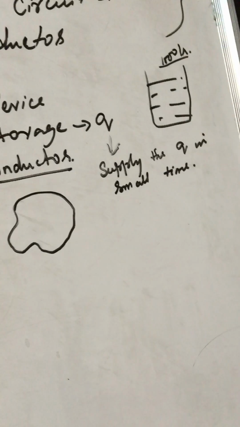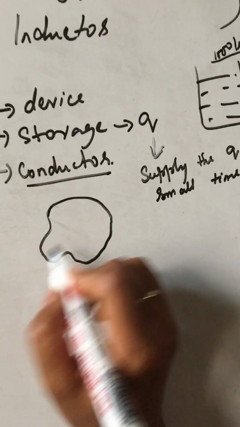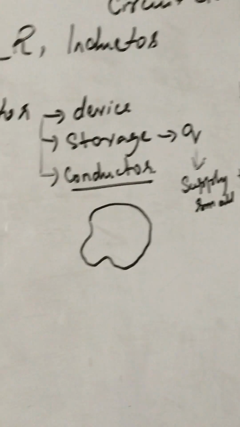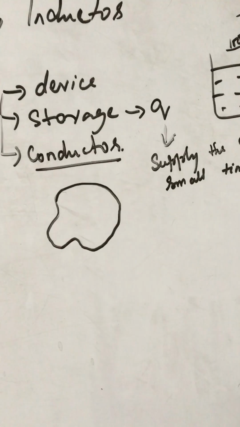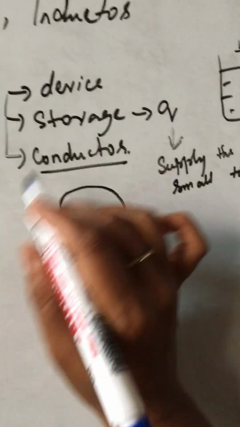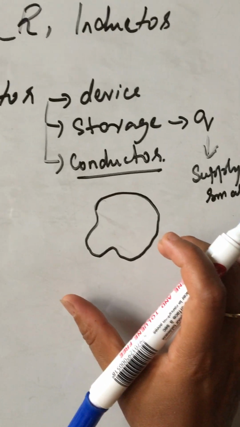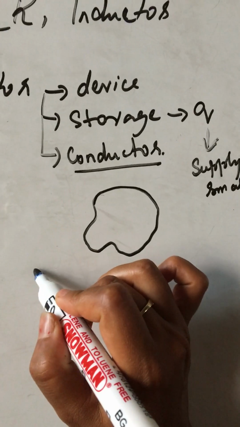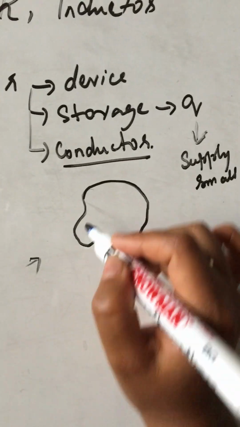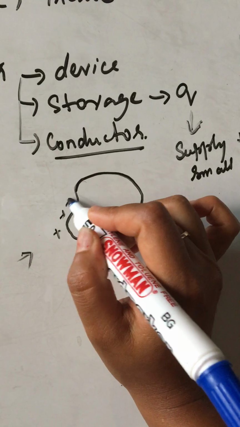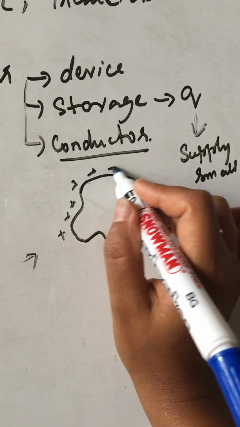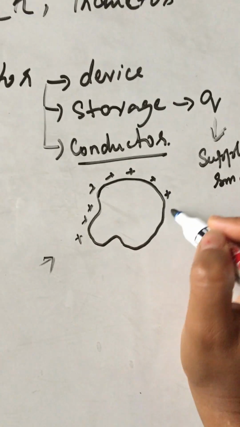Suppose this is a conductor, a storage device, let's say this is a capacitor. It needs to store the charge, that means it needs to carry the charge, right? Now if you are supplying the charge to it, in a conductor the charge will only reside on its surface.